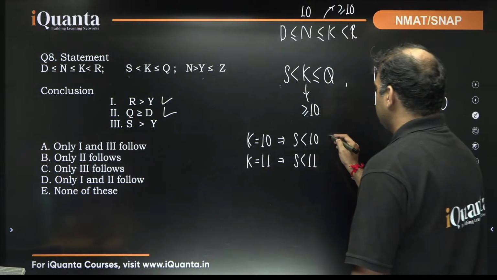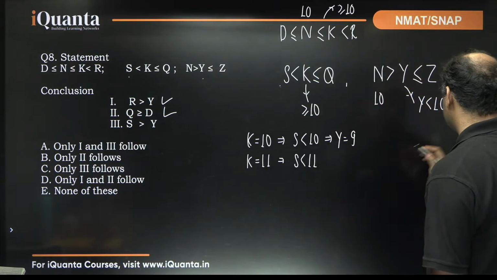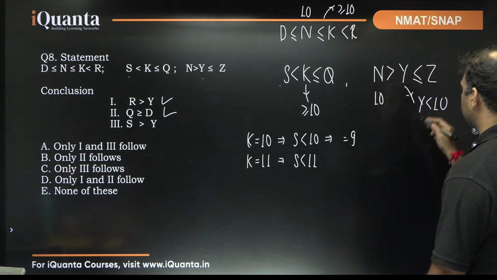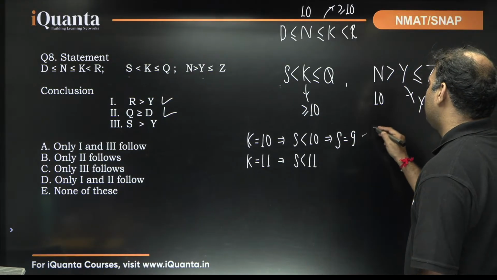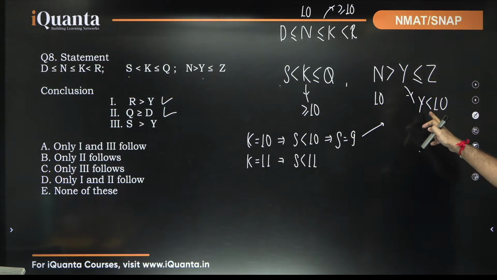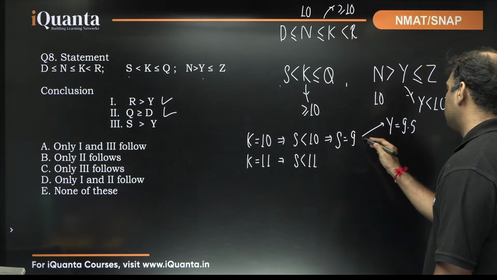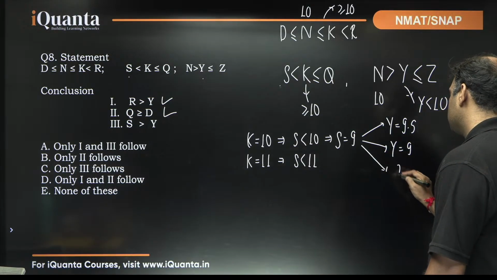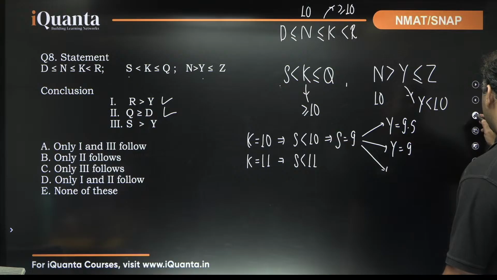If I assume for a while that S is equal to 9, and for Y we just know that Y is less than 10, what can be the possibilities of Y? Let me write all the possibilities of Y, because Y is less than 10. Y can be 9.5, Y can be 9, and Y can be maybe 8 as well. So again, all the three relations exist between S and Y.